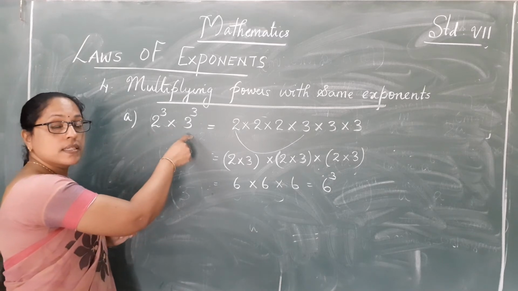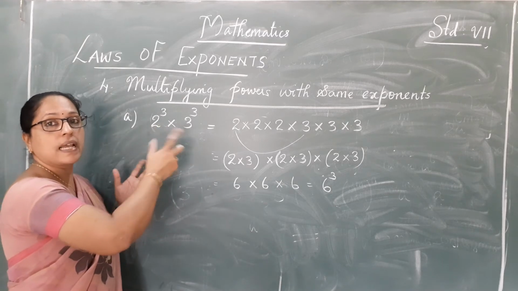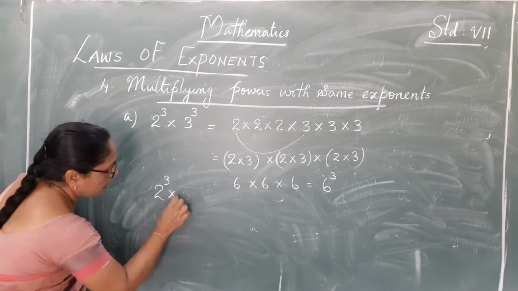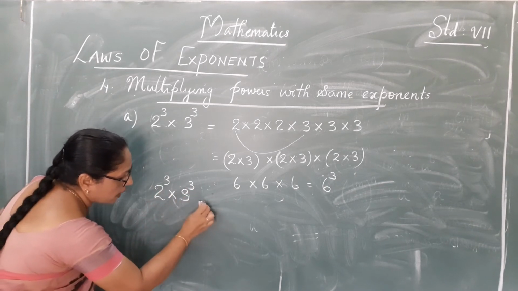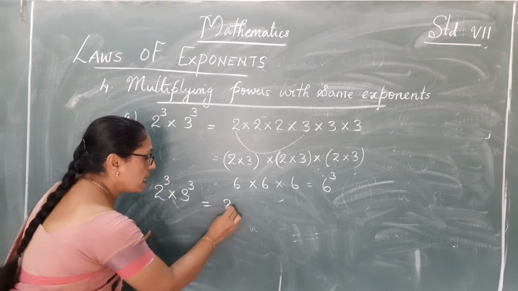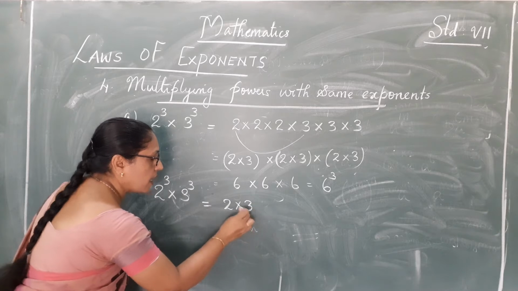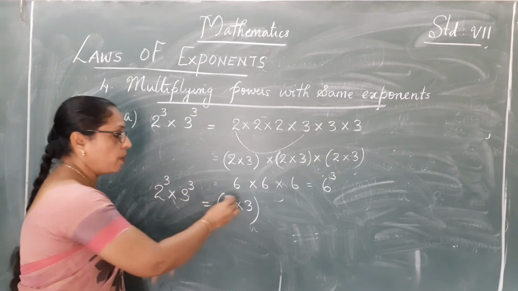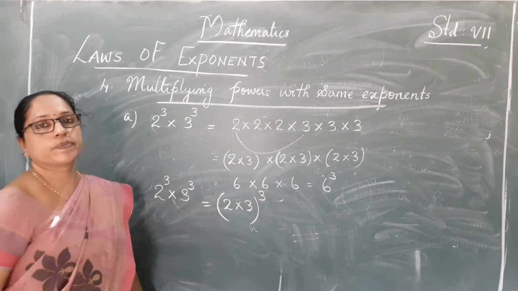These two bases have to be multiplied. So 2 raised to 3 into 3 raised to 3 is equal to, what we have to do? Multiply the bases. That is 2 into 3 and put this common exponent here, 3.